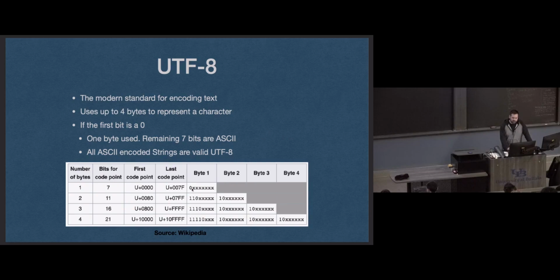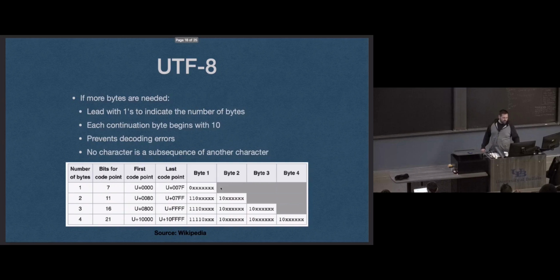So if a byte starts with a 0, thankfully ASCII is 7 bits, the remaining 7 bits are the ASCII equivalent. Very convenient. If we need more bytes, UTF-8 is an up to 4-byte encoding.